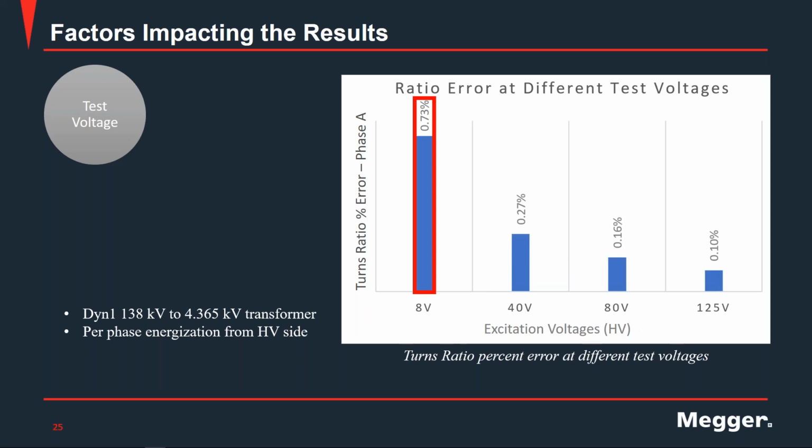But by simply increasing the test voltage up to 125 volts, you see that you have an acceptable percent error here. And what you'll notice is that the percent error improvement tends to trail off after a certain test voltage. And in the testing that we've seen, above 125 volts or right about there is the max improvement that you're going to see. So you want to get up to and around 125 volts.